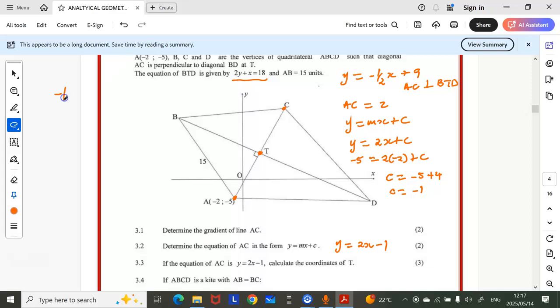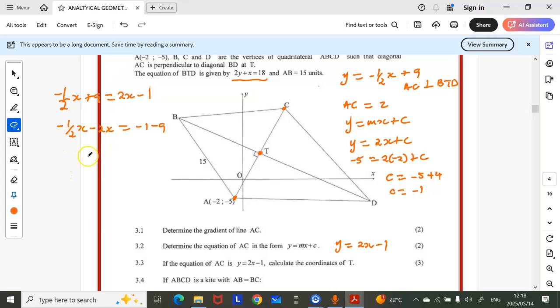Which is minus half x plus 9 equal to 2x minus 1, right? I'm going to take everything that is x to one side and the numbers on the other side. I'm going to have minus 1 over 2 x minus 2x. This is equal to minus 1 minus 9. Okay?